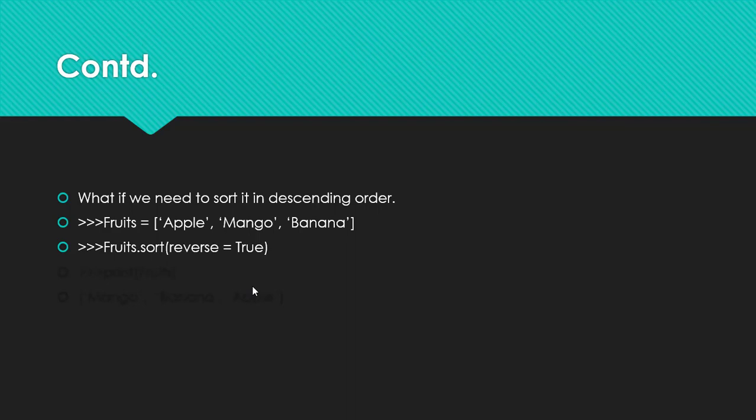But if we make reverse equal to true, then the list would be printed in descending order. We can see that print fruits gives mango, banana, apple. Now the list is sorted in descending order. That's how by using the sort method we can sort the list in ascending order using fruits.sort, and if we want to do it in descending order, we have to pass the argument reverse equal to true. By default, it is reverse equal to false to keep it in ascending order.